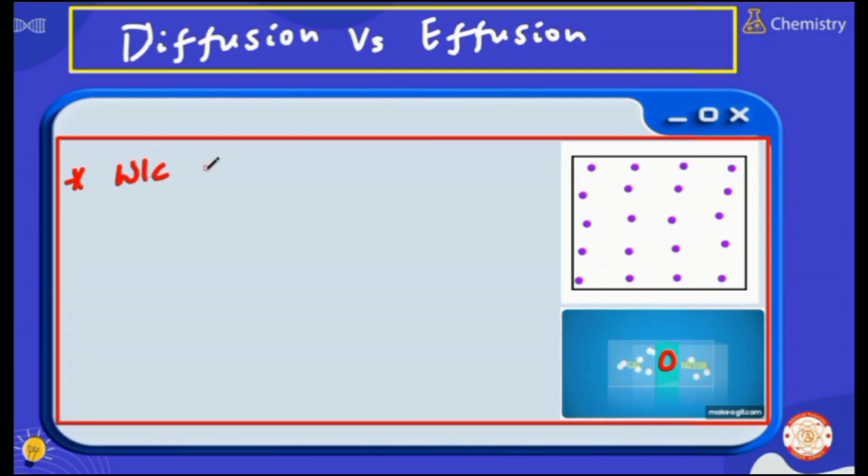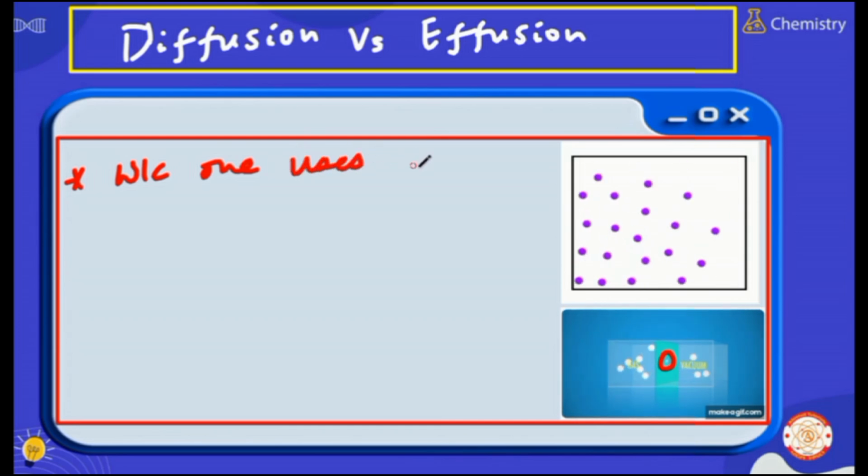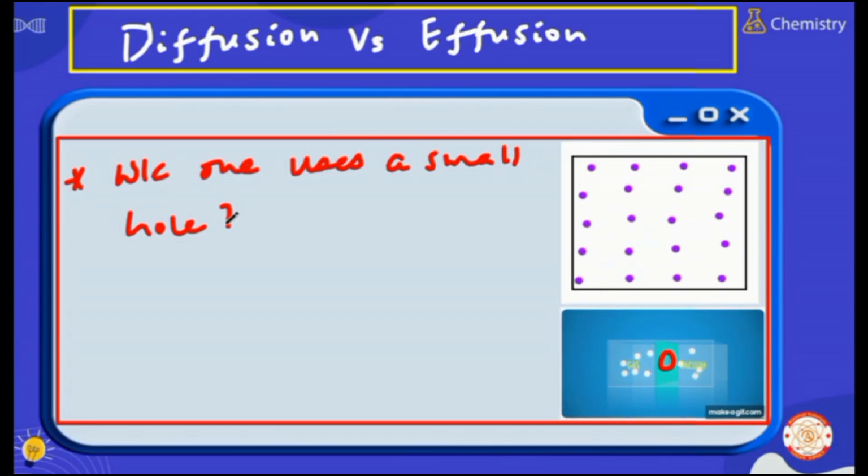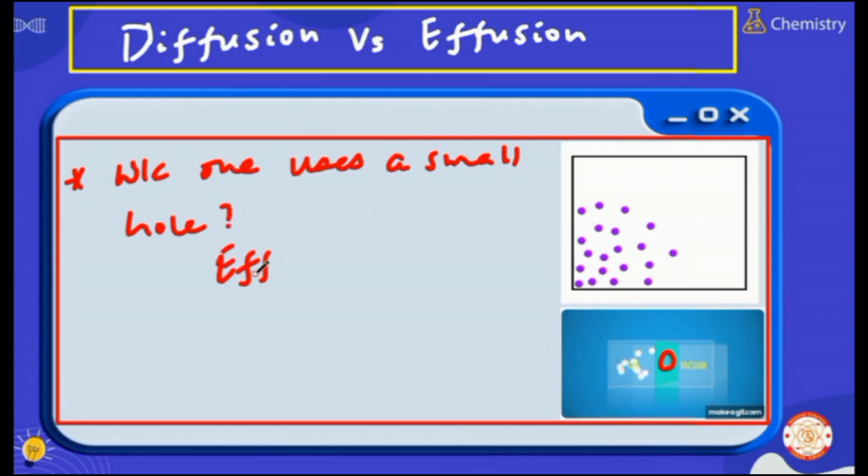So which one uses a small hole? And the answer is effusion, right?